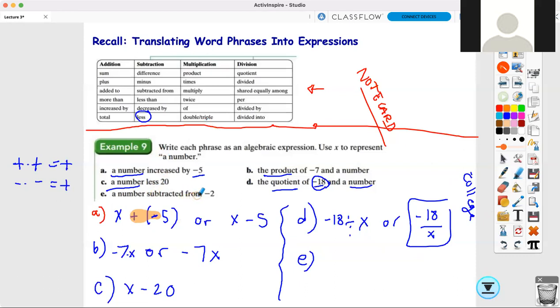It is subtraction, but why did you put -2 first? Because what's the one word that makes you realize that -2 goes first? Oh, it's asking from -2, then the number. So it's going to be -2 minus X. We're subtracting that number we don't know from -2. So -2 has to be first because of that word from. Does that make sense, ladies and gentlemen? Yeah.